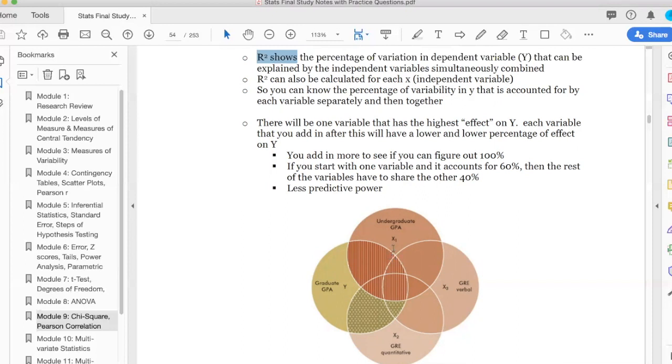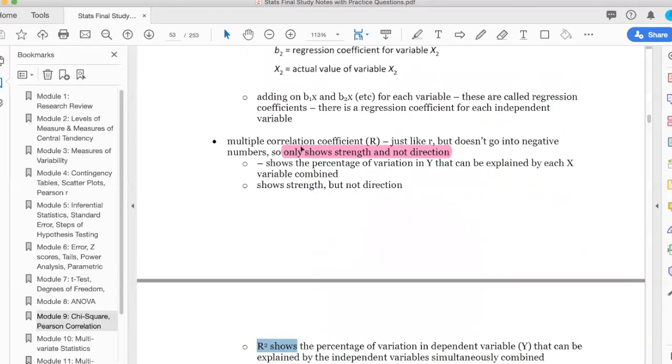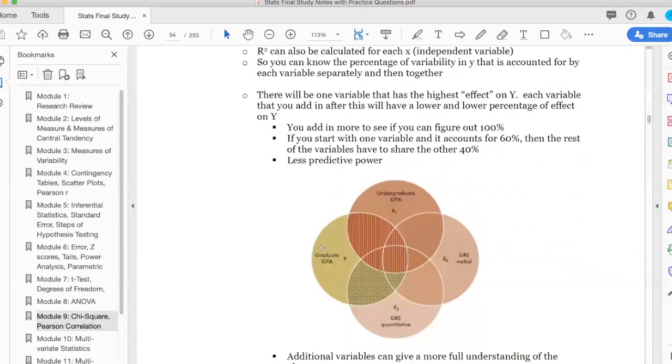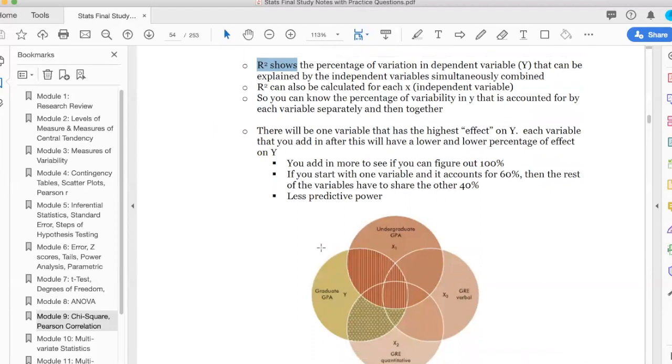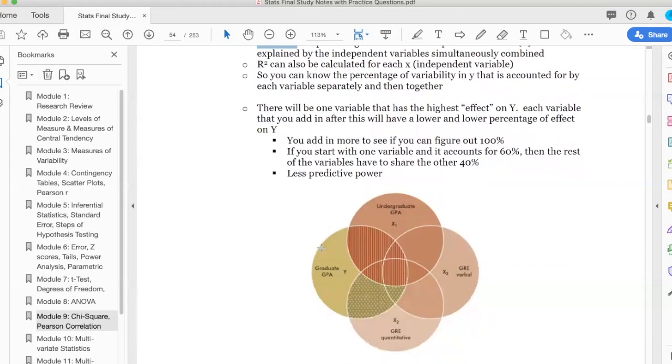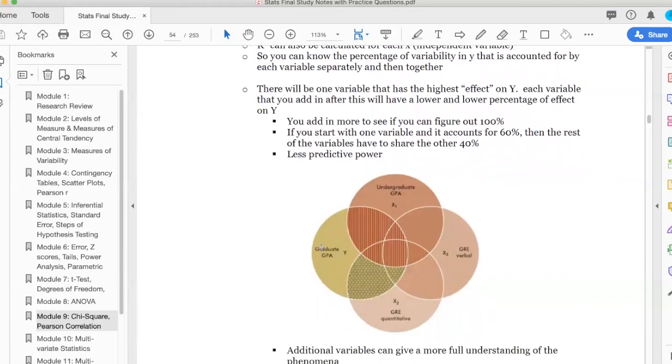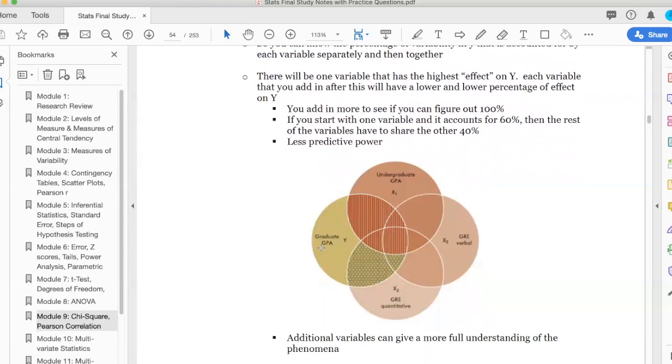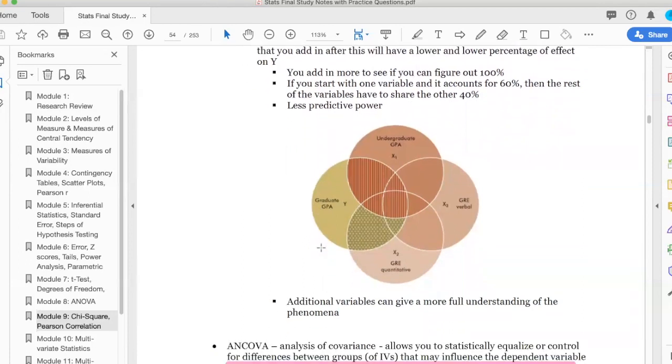If we did a multiple regression correlation coefficient, we would be able to tell what's making up the other 61%. Is it education? Is it RN, RPN, professional designation, and so on? Those are very, very similar, the multiple regression and the Pearson R. The only difference is that you have multiple independent variables, okay?